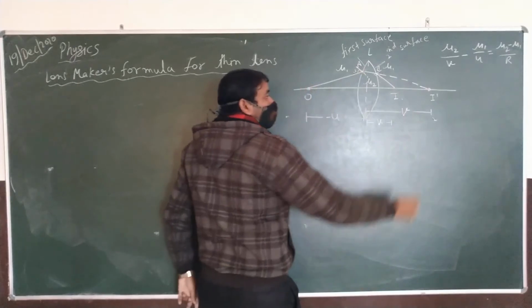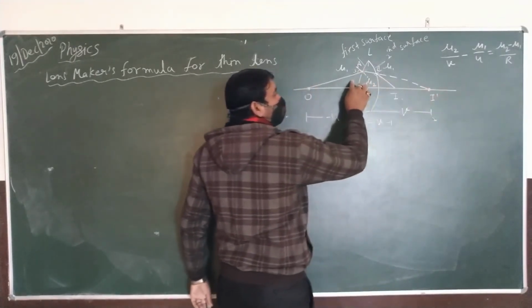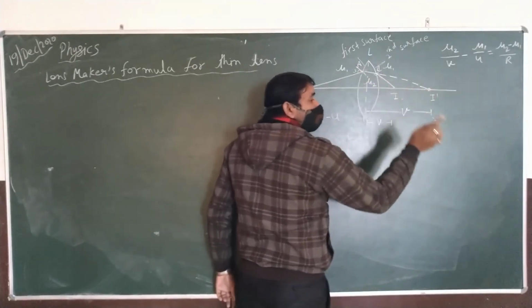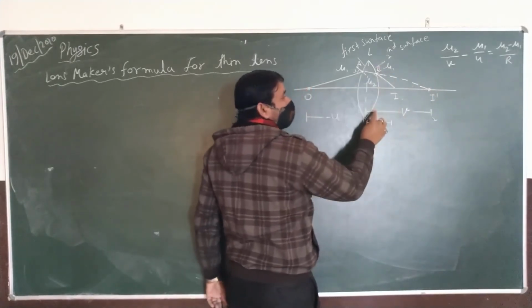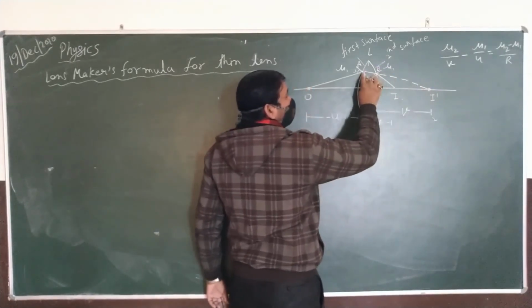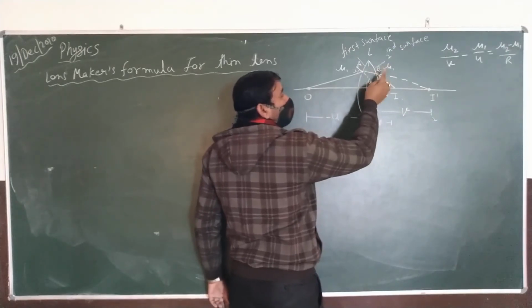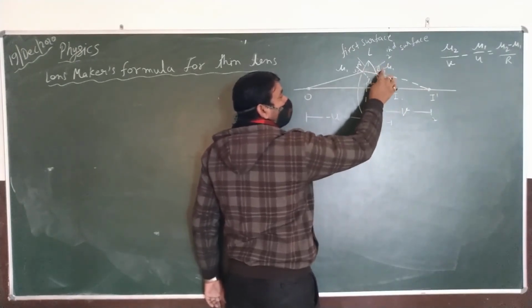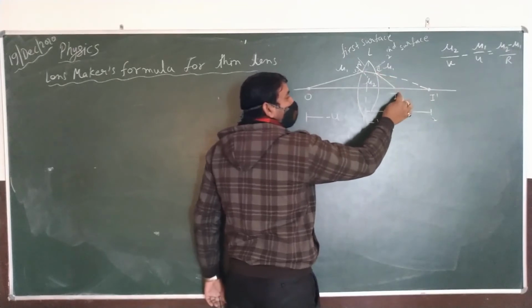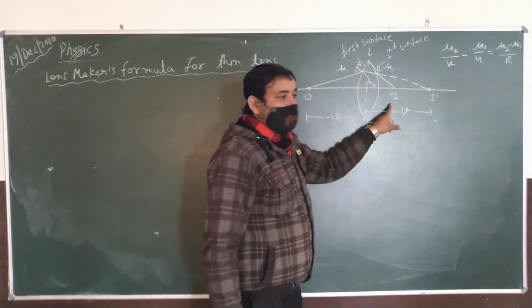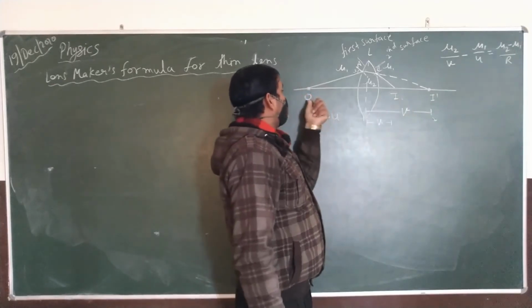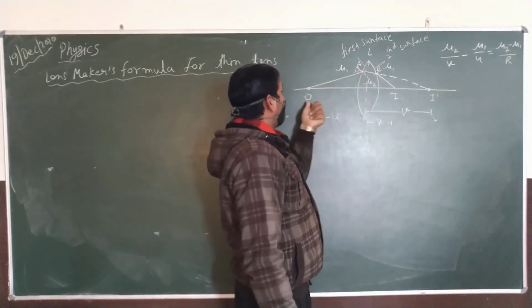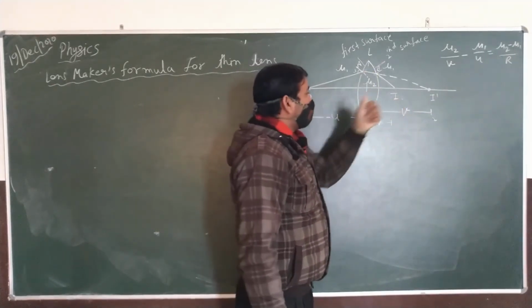Okay, and this image formed by the first refracting surface behaves like an object for the second refracting surface, and when the light suffers refraction at point B, it moves in the direction of I. Then the actual image of object O formed by the thin lens is at I.